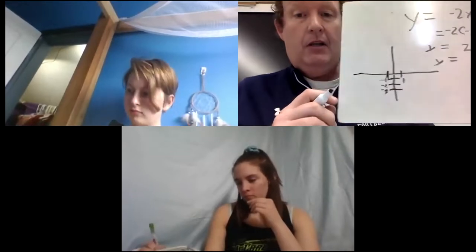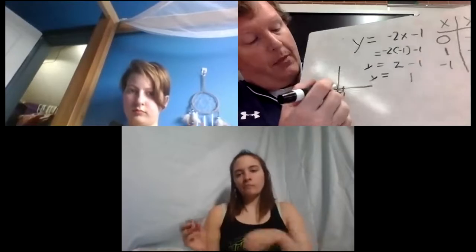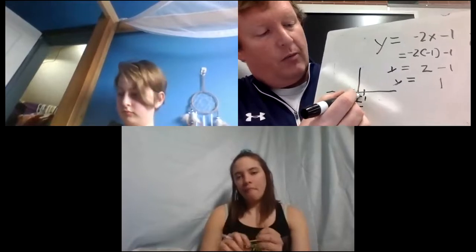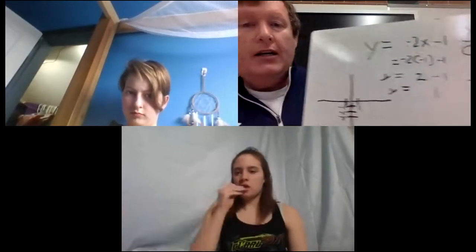You look at my grid there, I've given my points. Now, to graph 0, -1, remember, the first number goes left and right, the second number goes up and down. So my first one is 0. It doesn't go left or right, but it goes down 1. So there's where my first point is, right there.